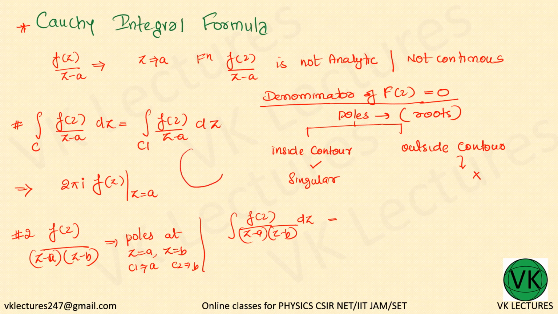So it will be something like this. You have a contour, here you have a non-analytical region, this is another non-analytical region, this is C1, this is C2.